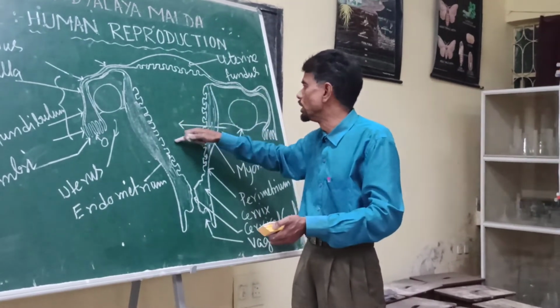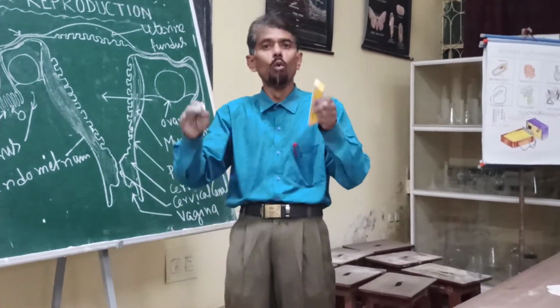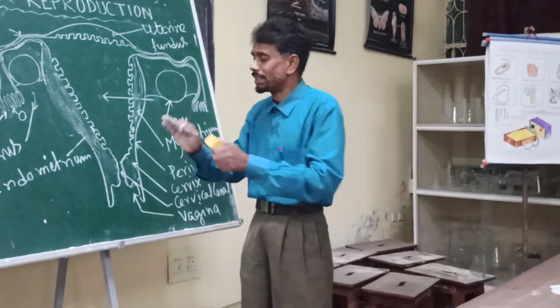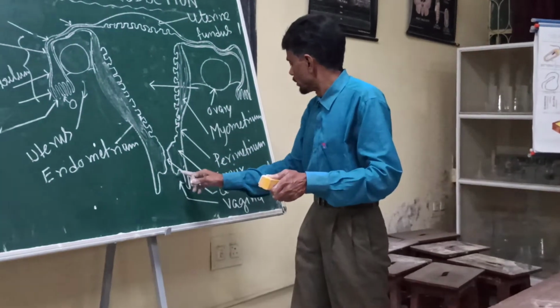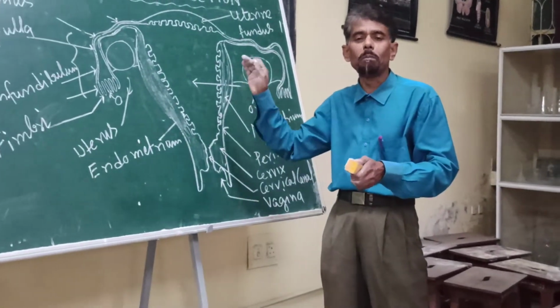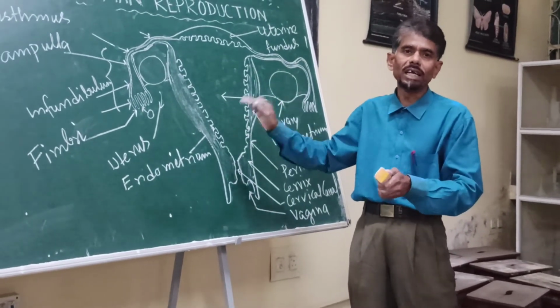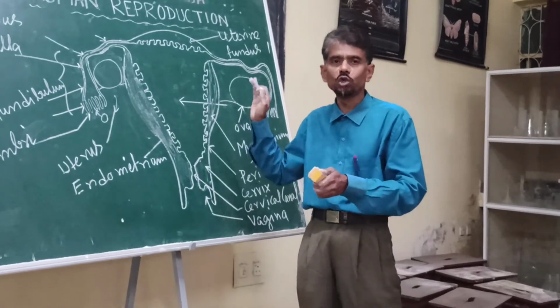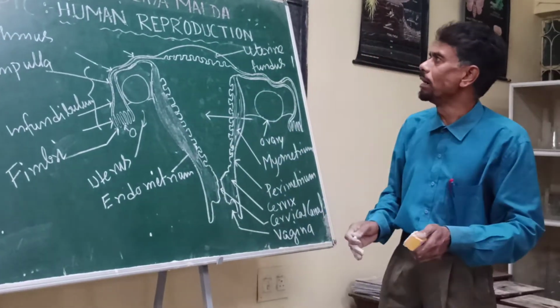This is otherwise commonly called the womb. Is it clear to you? Now, it is this cervical canal and vagina which help in the passage of the fully developed fetus, that is the child, during childbirth. So let us summarize the whole event.